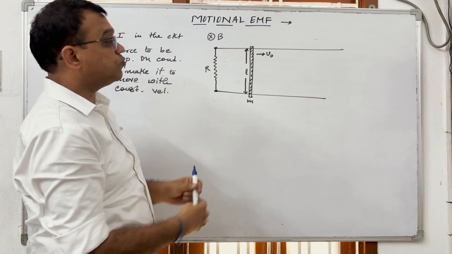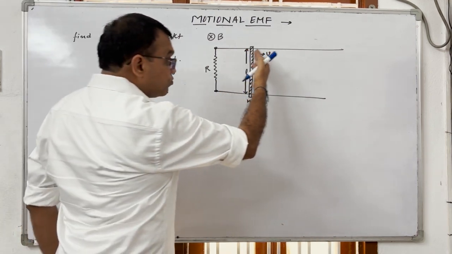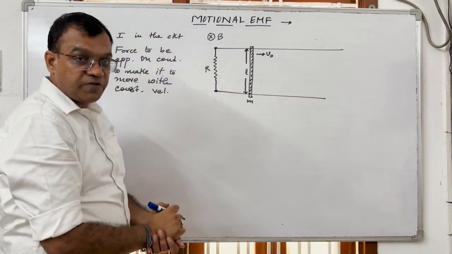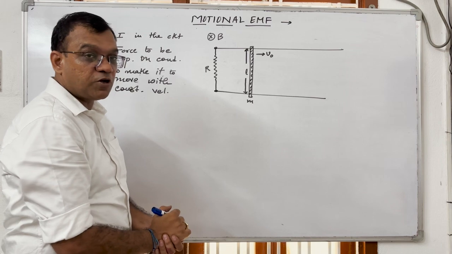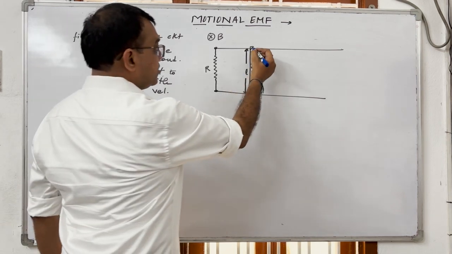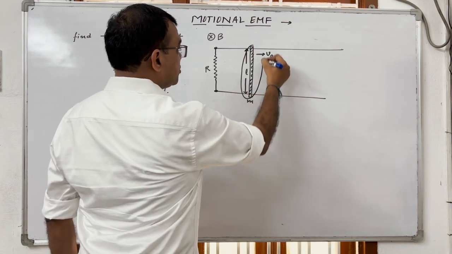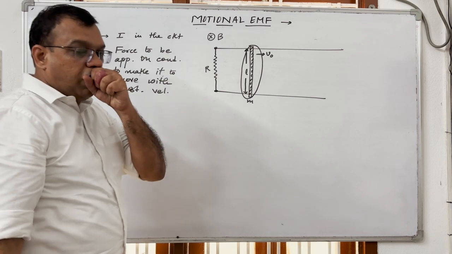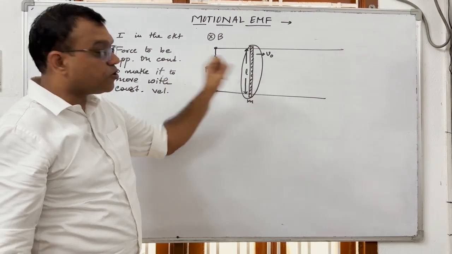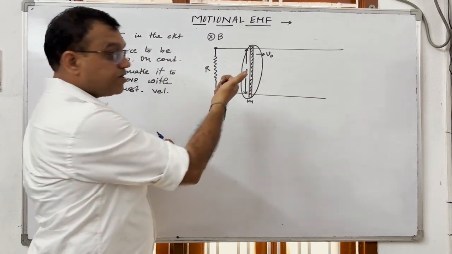Now it is going to move. When it is moving with constant velocity in a constant magnetic field, an EMF will be induced across this. What is this EMF?